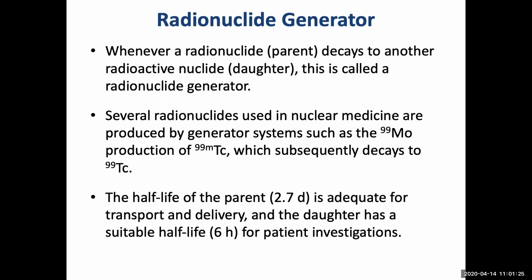The half-life of the parent, molybdenum, is 67 hours or 2.7 days, which is adequate for transport and delivery. And the daughter has a suitable half-life for patient investigation. So it's good to transport the parent, which has a long half-life, and the daughter has a short half-life, which is good for imaging.